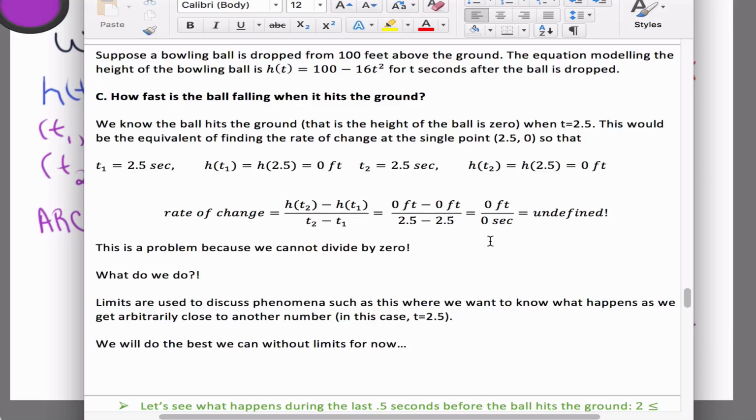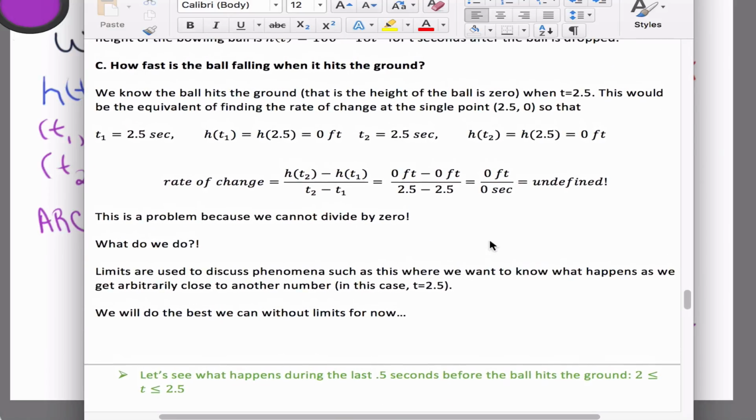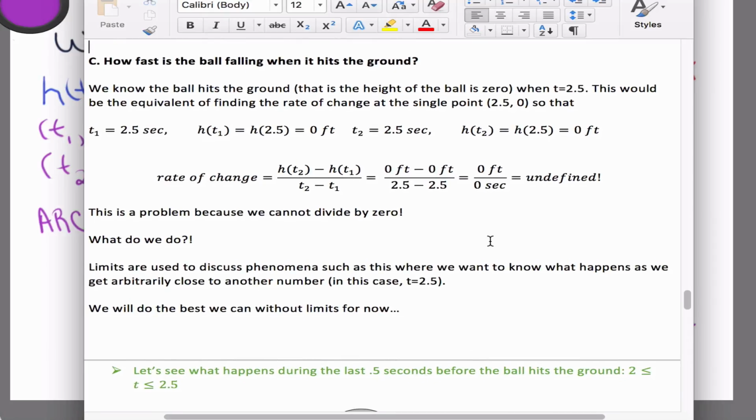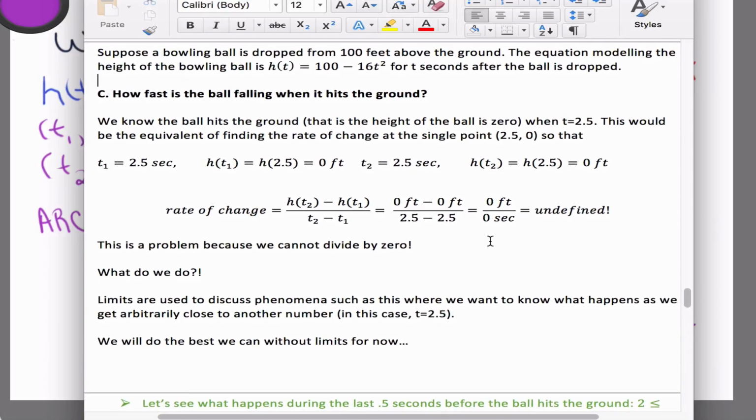Okay, so usually if you want to find out what's going on when a number gets sufficiently close to a place where it's going to be undefined, or what happens as numbers get extremely large, or what happens as numbers get extremely small, then we look at limits. So that's the whole point of using limits.